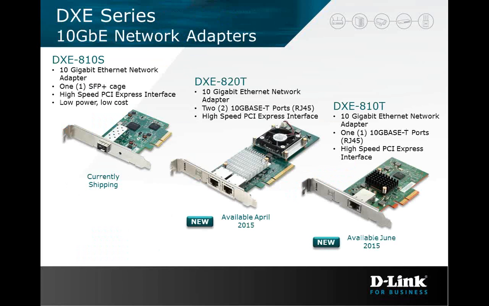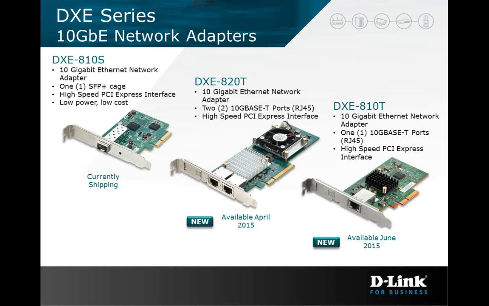Real quick here, from a network adapter perspective, we have 10 gig NIC cards today. The 810S on the upper left is one port of 10 gig optical. That's currently shipping today. The 820T in the center of the diagram here is 2 ports of 10G base T copper.